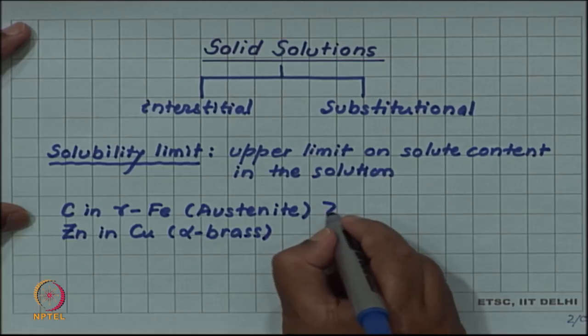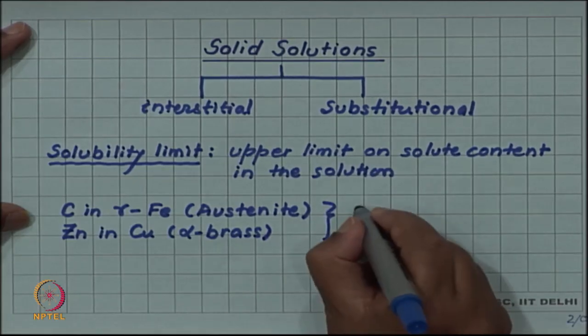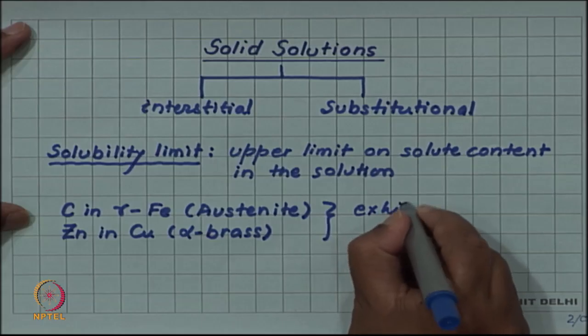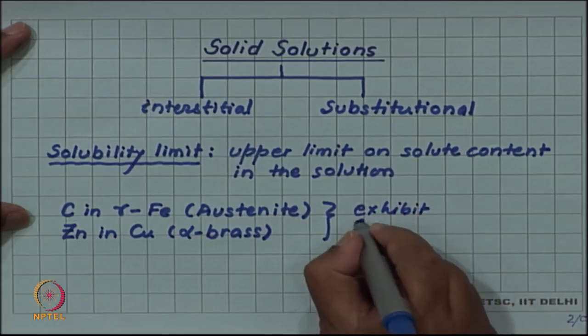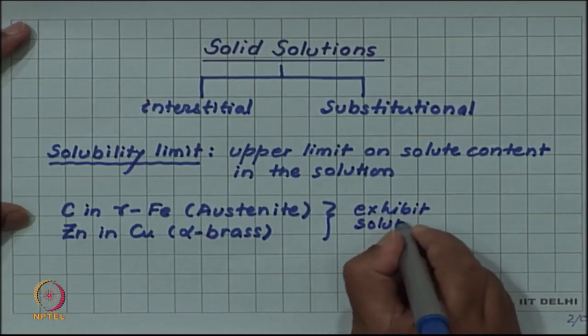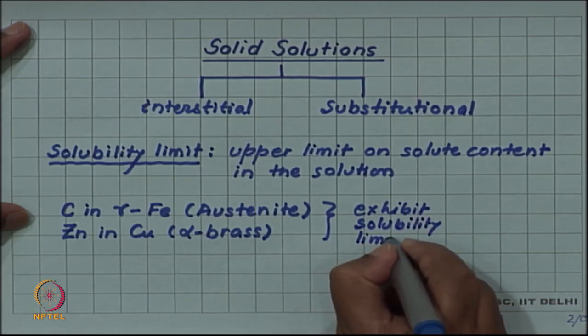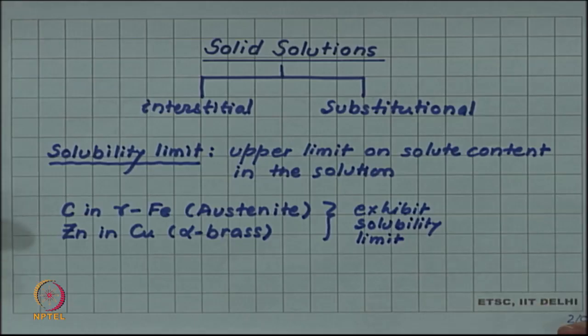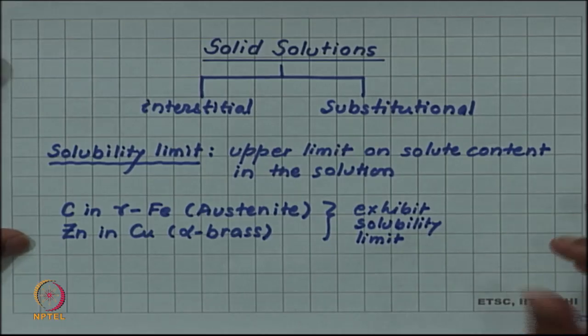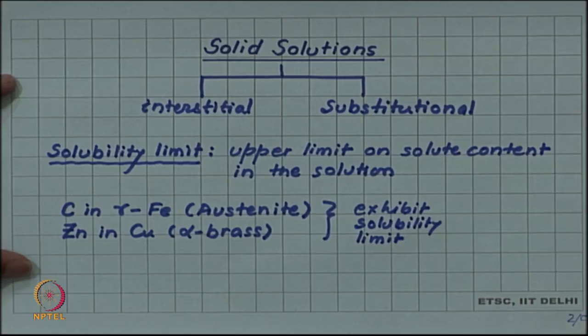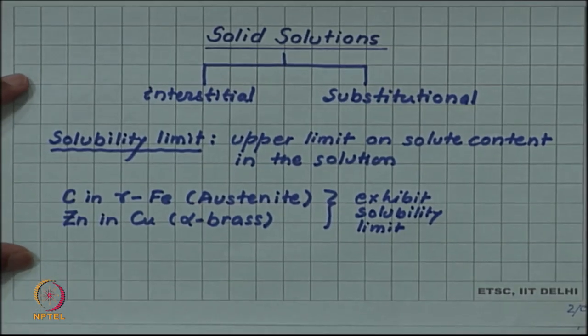These solutions have a solubility limit. That is, only a maximum amount of carbon can go into gamma iron and a maximum amount of zinc can go in copper. So, that is what is our alpha brass.